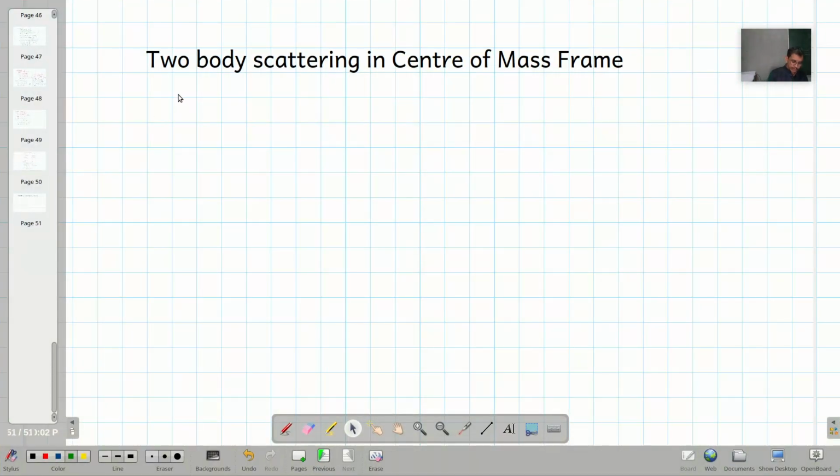So in today's lecture I will talk about two body scattering in the center of mass frame. Consider two particles.